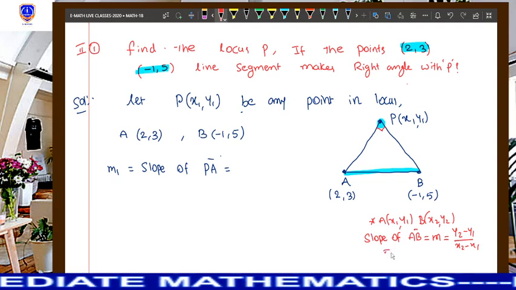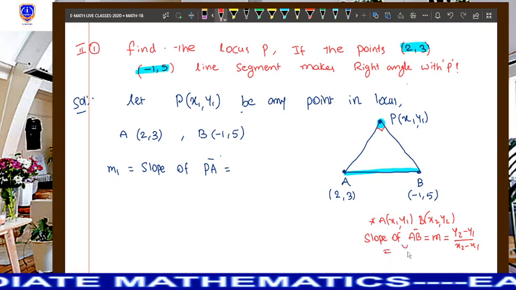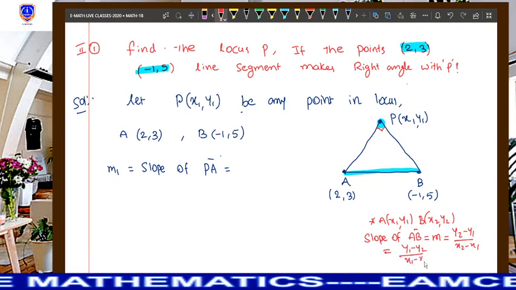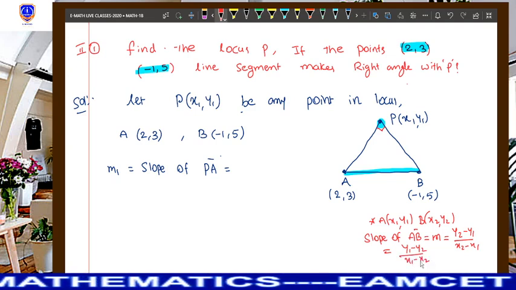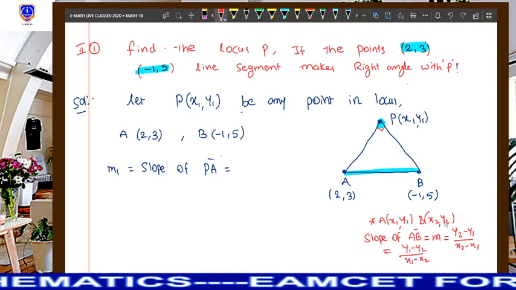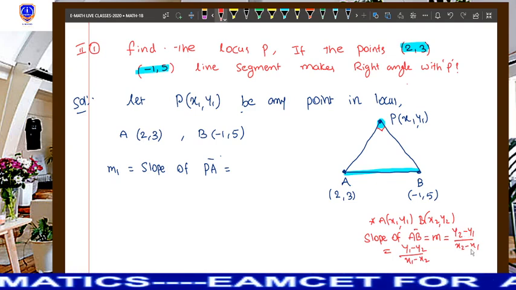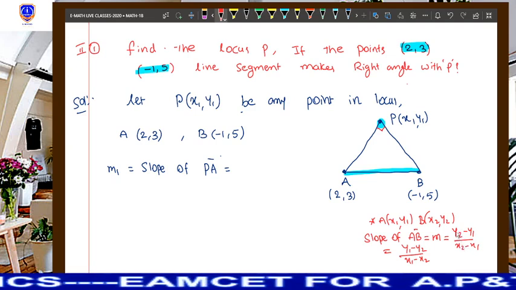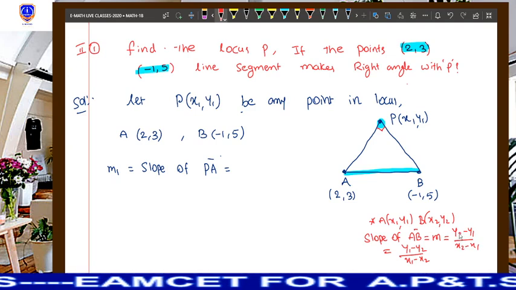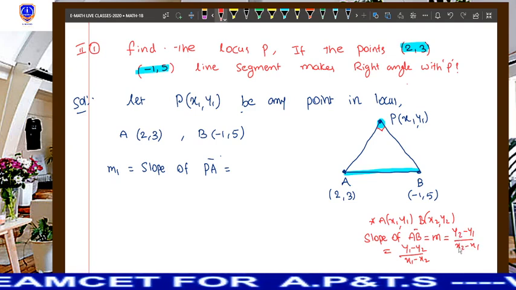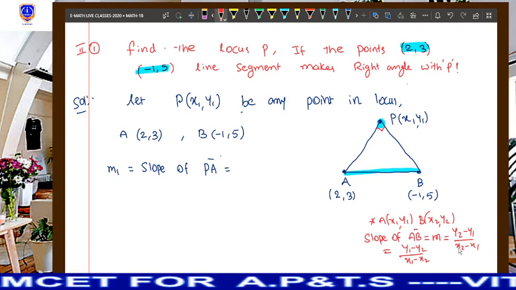You can also write (y1 minus y2) divided by (x1 minus x2). Both have the same values. You can also write (y2 minus y1) divided by (x2 minus x1). You have to maintain the similarity: if you write y2 at first in the numerator, you have to start with x2 in the denominator.